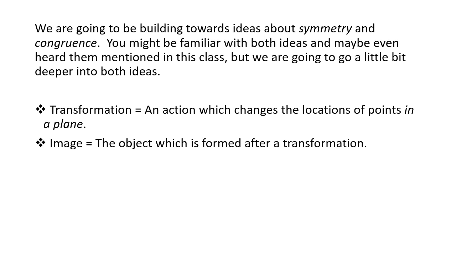I think a lot of the examples that I have prepared deal with triangles because it's kind of easy to see what's going on. But we're going to do something with that shape, and it will create a new shape. And that new shape is called the image shape. So we have our original shape, and then we create the image from that. So we're going to be using these two terms quite a bit over the course of this section about transformations and about images.